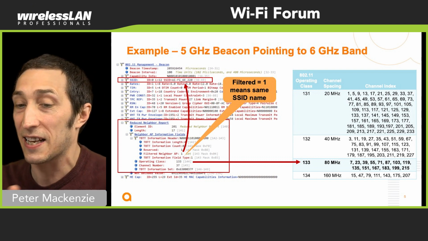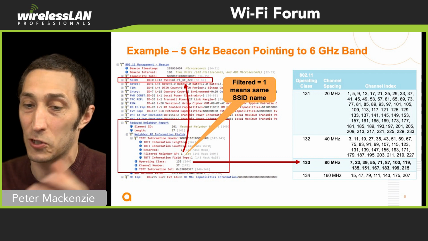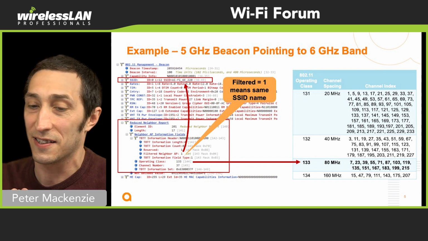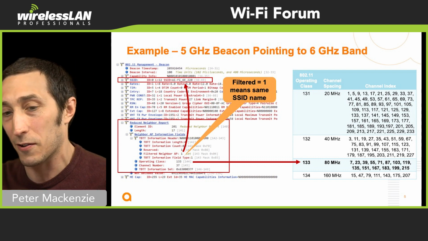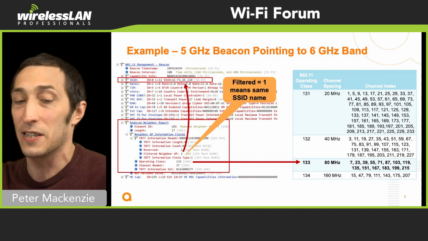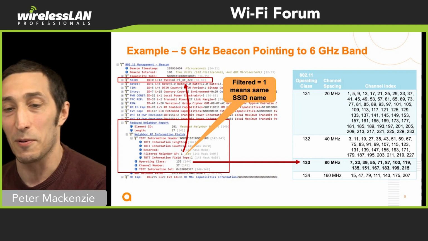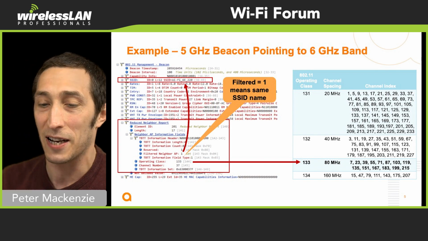If you've got a 6 gigahertz only SSID, as we often now like to have 2.4 only and 5 gig only SSIDs, will the discovery work across different SSIDs, or will you have to have the SSID advertised on all bands? So that's my summary, and that's where some of my questions are. I'll allow somebody on the panel to come back.